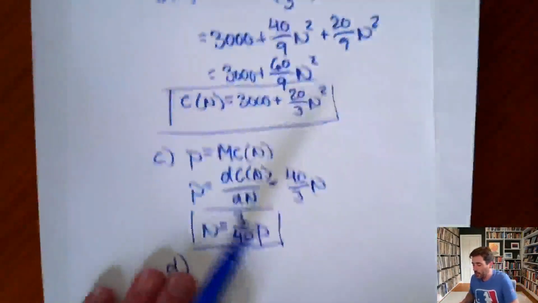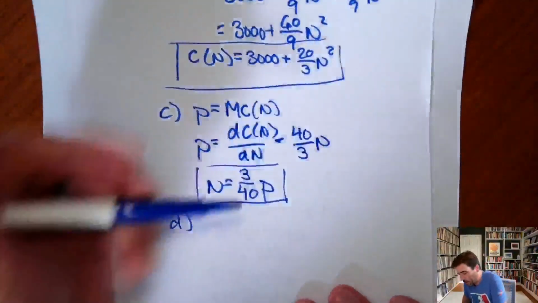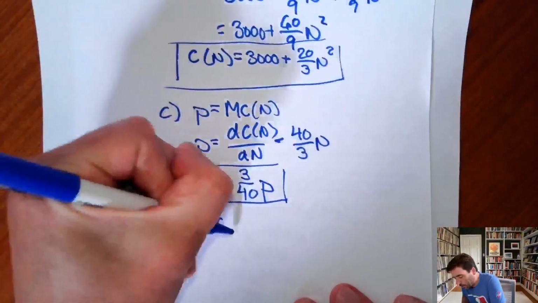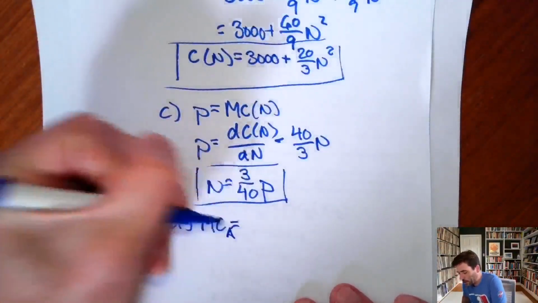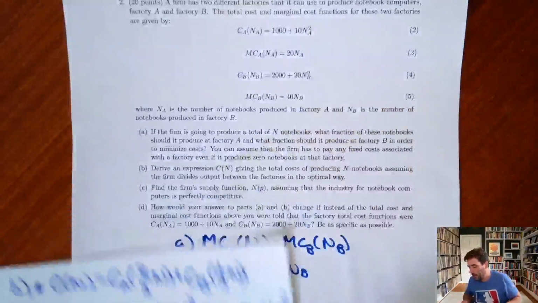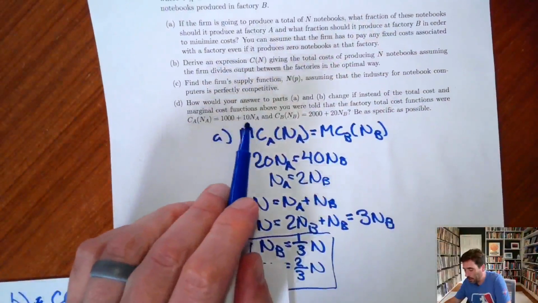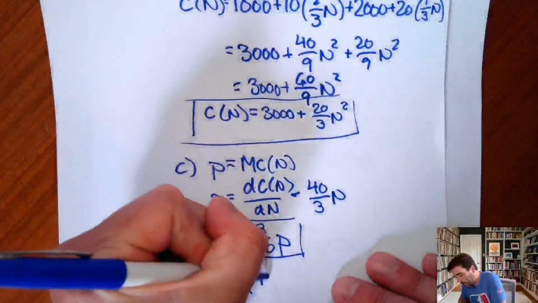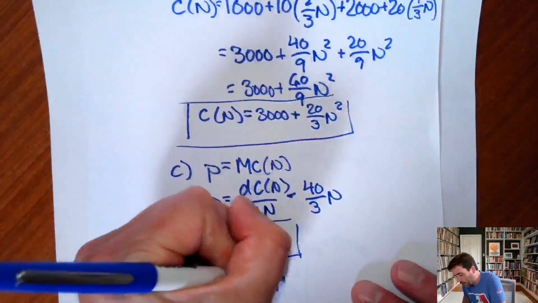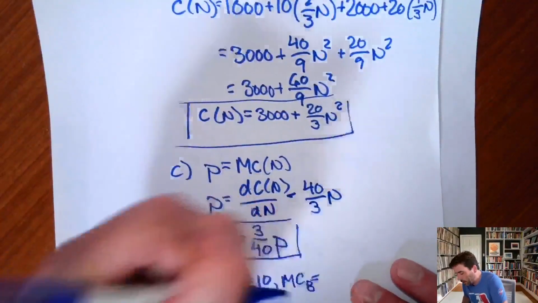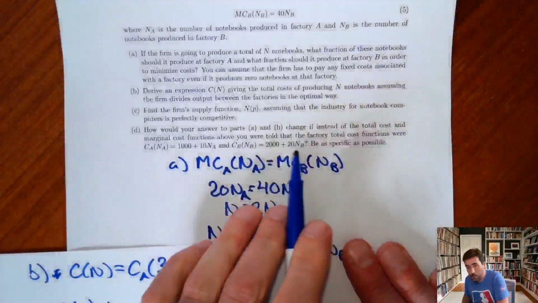So that is going to change what my marginal costs look like. So my marginal costs for A are now going to be the derivative of this cost function with respect to NA. So that 10 NA is just going to leave me with 10 when I take the derivative. Right? My marginal costs for B are now just going to be 20 because of that 20 NB term.